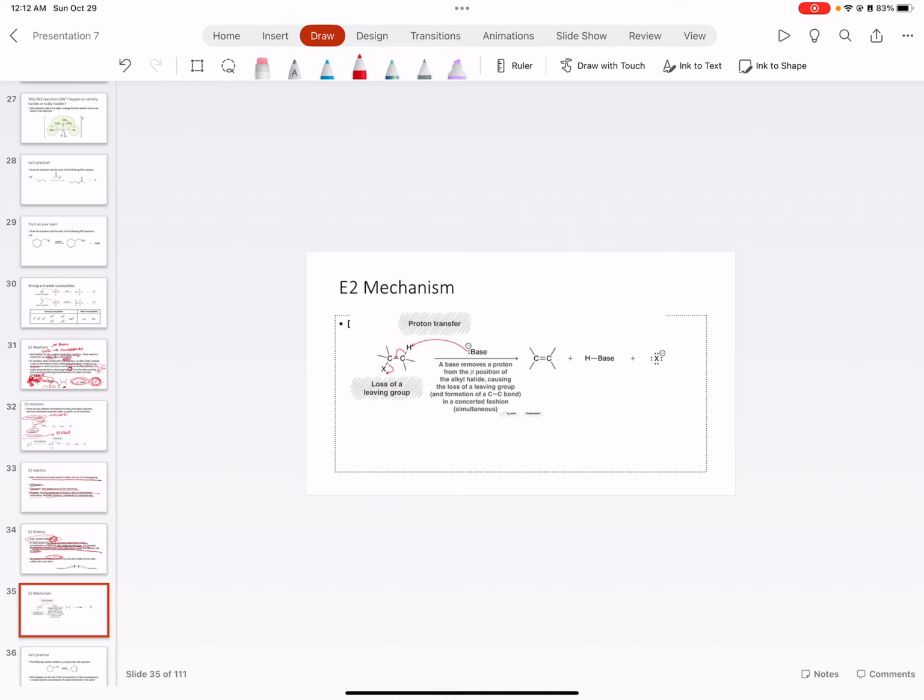And you can see the mechanism in a gradual way. As we said, a base removes a proton from the beta position of the alkyl halide. You can see this is our alpha carbon because it carries the halide, and then we have beta positions. Our base is going to take a hydrogen from one of those beta positions.